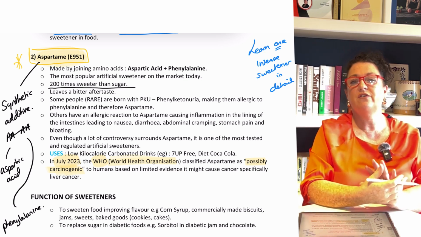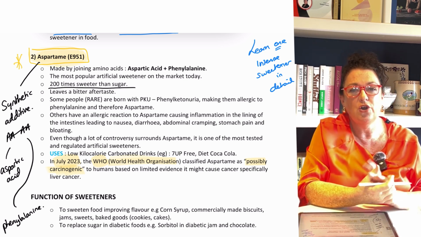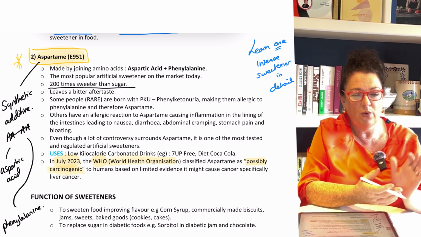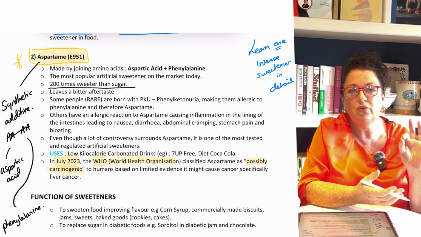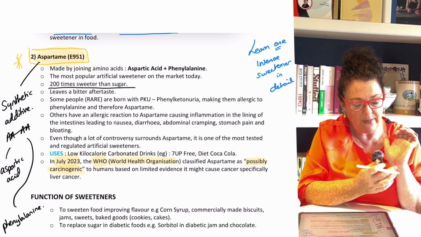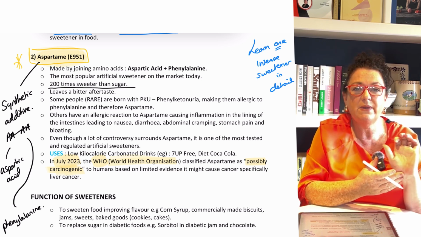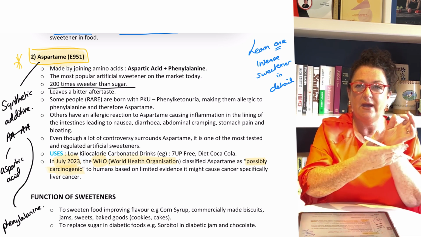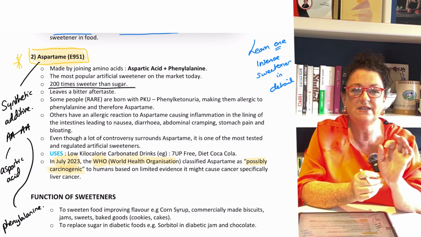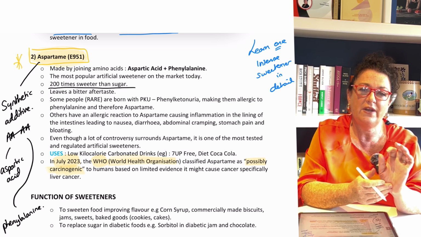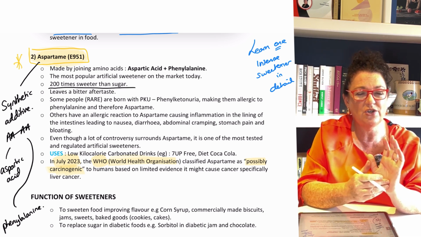And how they find out if a baby is allergic to phenylalanine: when babies are born, they get what's called the heel prick test, where a little punch is made at the base of the back of the heel, where the skin is a little bit tougher than anywhere else, if you could call any baby skin tough.